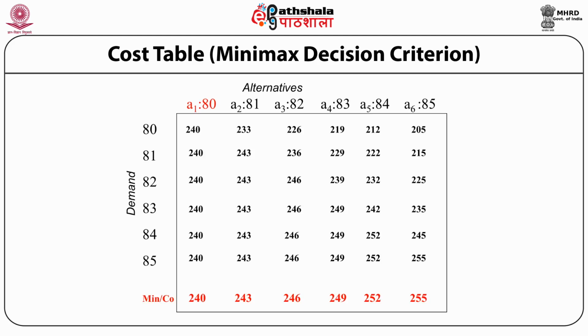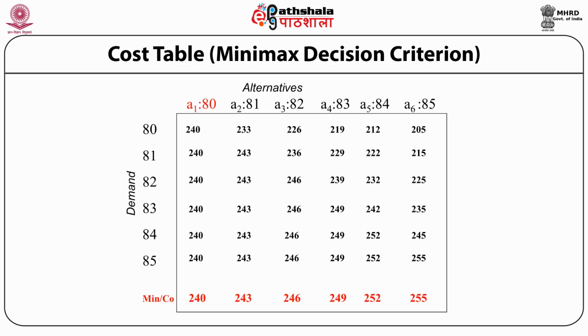So now we will consider this table as a cost table for the various alternatives. Here, first of all, we will calculate the maximum cost for every alternative in view of the different outcomes. So you can notice here that for strategy A1, the maximum cost is 240.